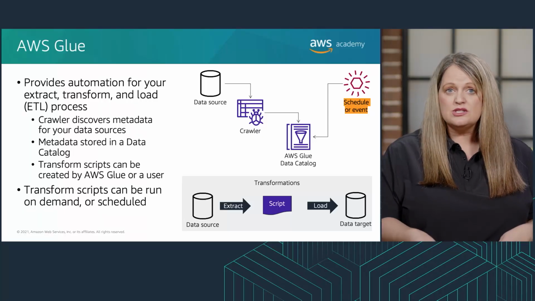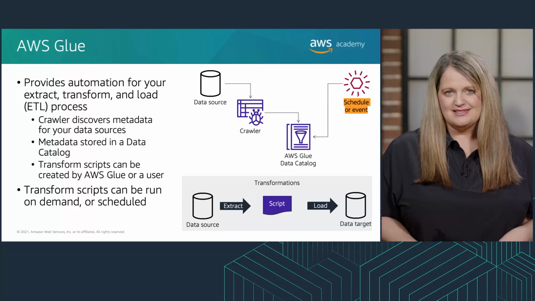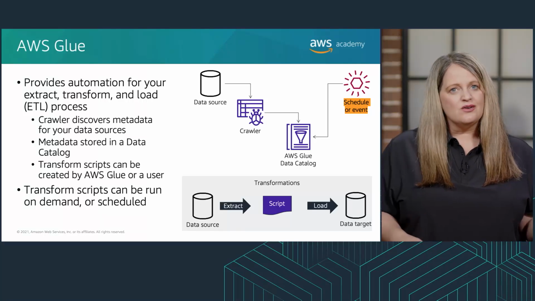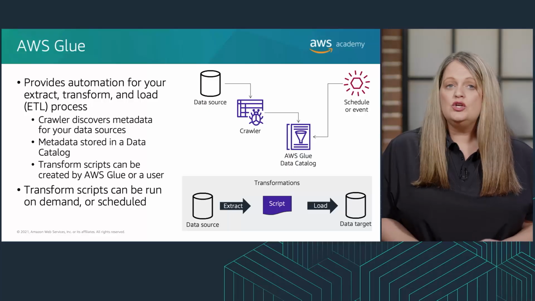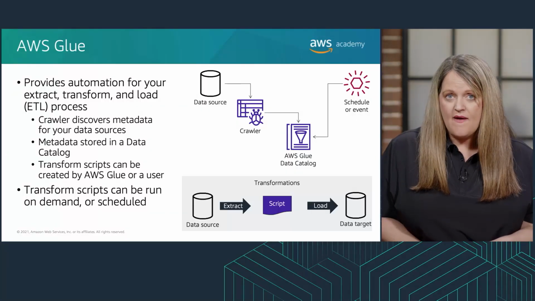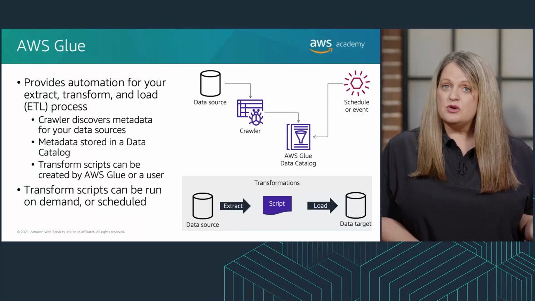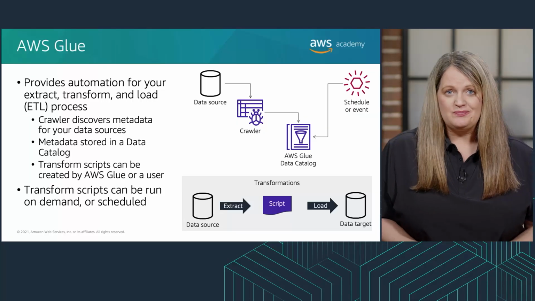Next, you can use the script AWS Glue creates for automating the ETL process. You can also create your own script. When you have your data transformation script, you can either run it on demand or create a schedule for running it. The script extracts data from your data source, transforms it, and loads it into the data target.